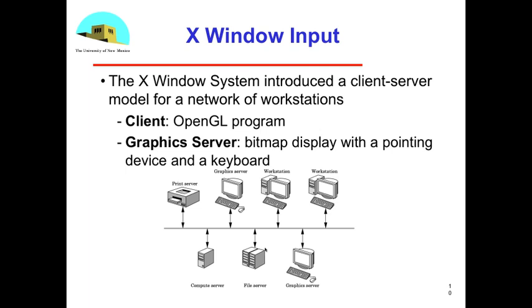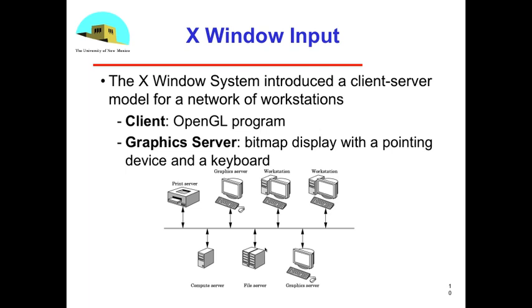Likewise, you might have a compute server, which would be a big number cruncher that programs could use. Less important now than it used to be, but we used to have a lot of compute servers. A file server is very simple. We store our files on another machine somewhere, and that is our server. So in that context, our programs become clients of those servers.